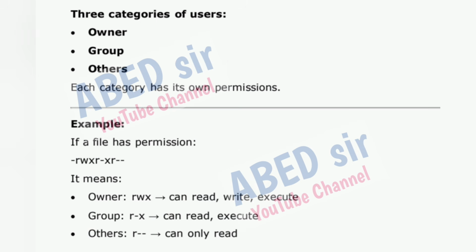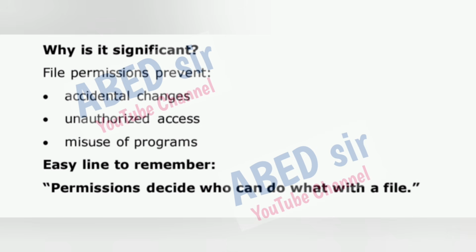Example: if a file has such permission, it means owner RWX can read, write, execute. Group RX can read, execute. Others R can only read. Why is it significant? File permissions prevent accidental changes, unauthorized access, misuse of programs. Easy line to remember. Permissions decide who can do what with a file.